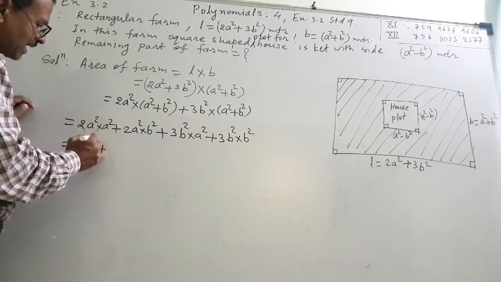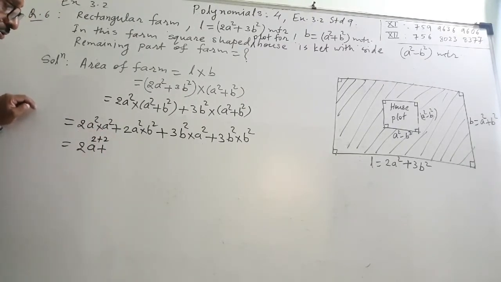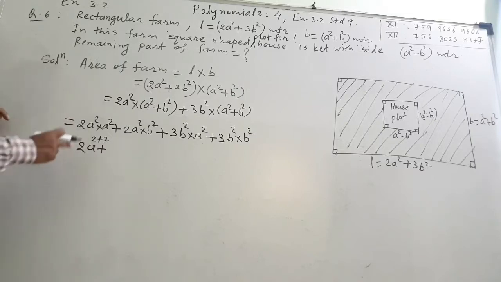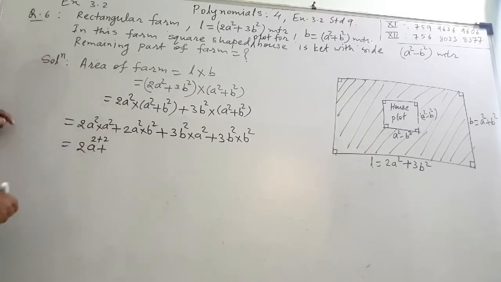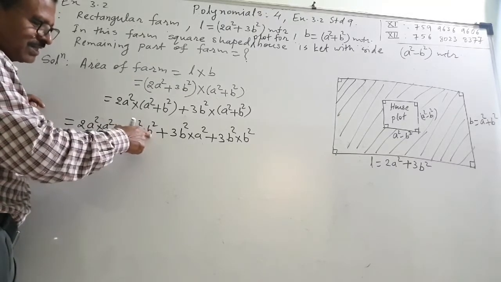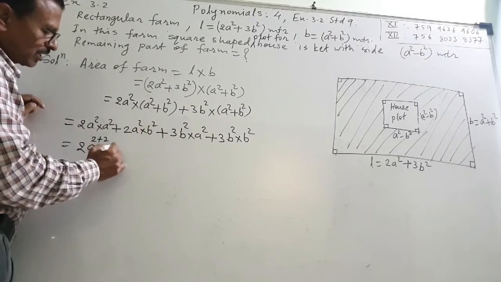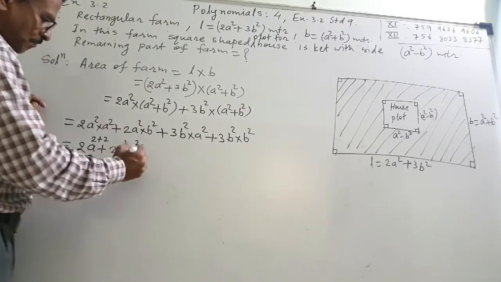So here what I can write is 2 plus 2, but afterwards you should know, orally you should write: multiplication means addition of the indices, 2 plus 2. Here the bases are different, here the base is a, here the base is b. So I cannot do anything to a square b square, plus.